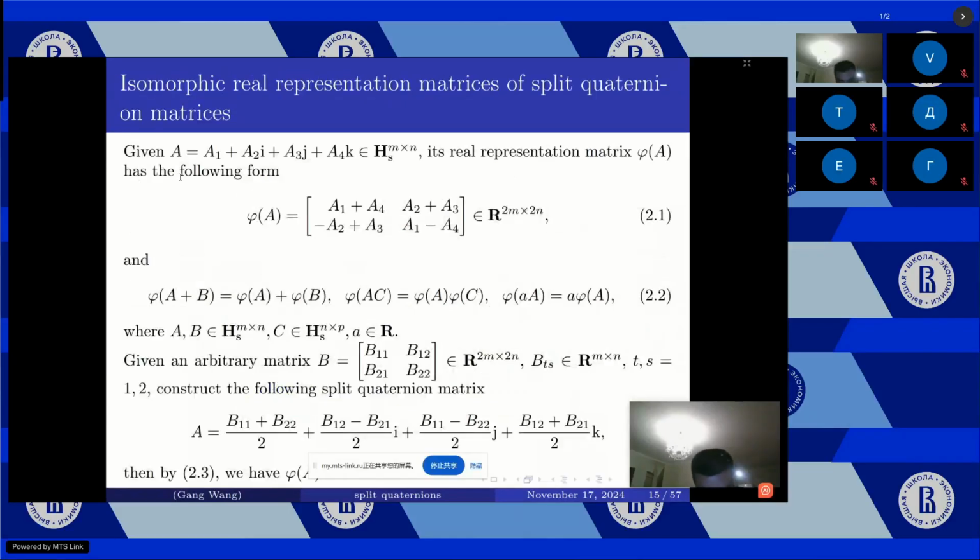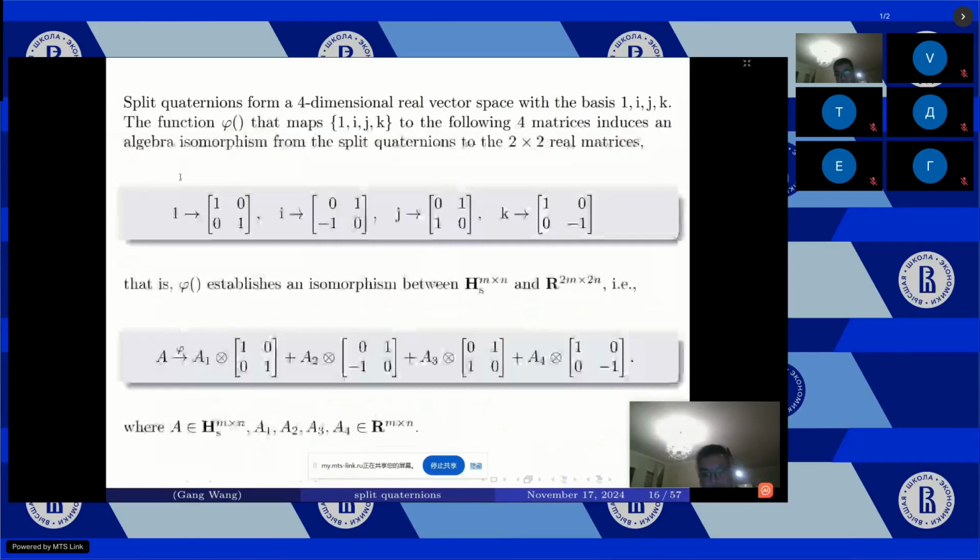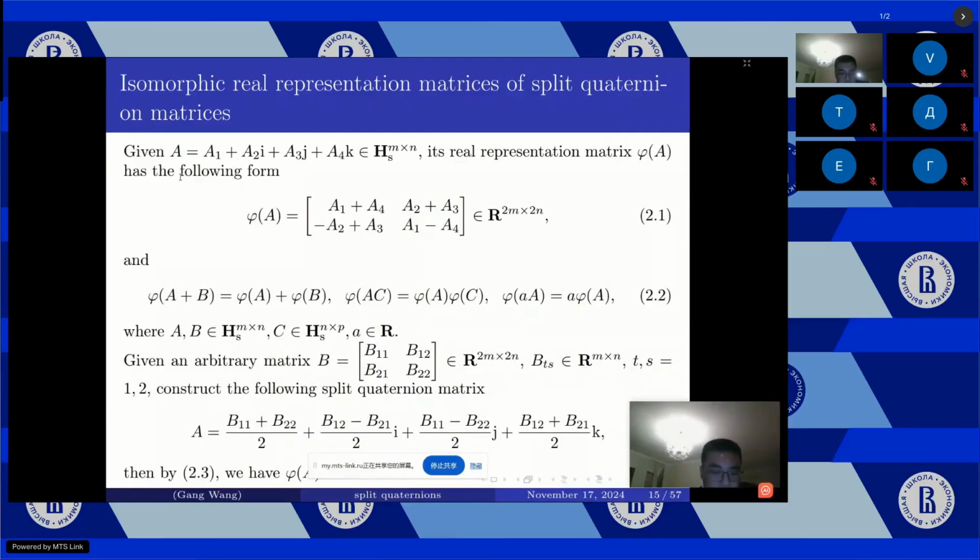One of the key focuses in the study of properties of high-dimensional algebraic matrices is their algebraic isomorphism. This not only aids in a deeper understanding of the structural characteristics of split quaternions, but also establishes a clear correspondence between split-quaternion matrices and real matrices.